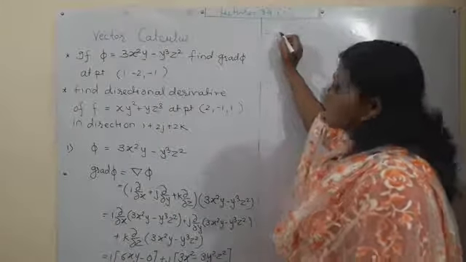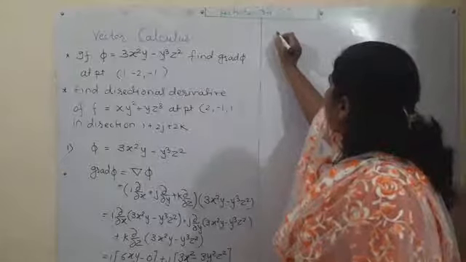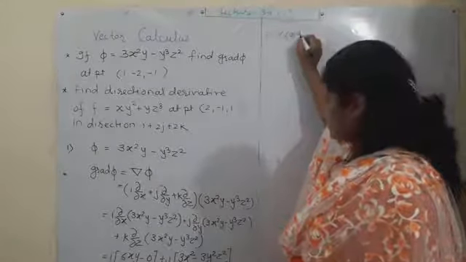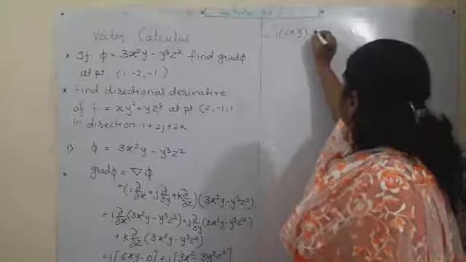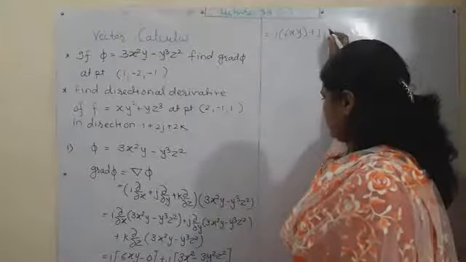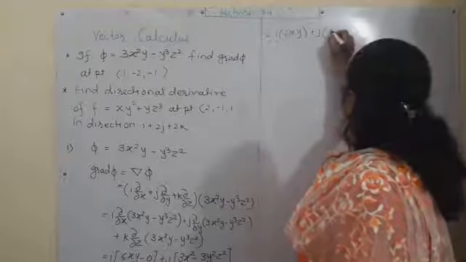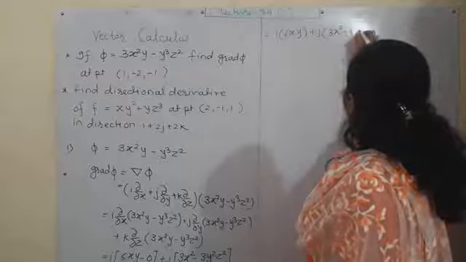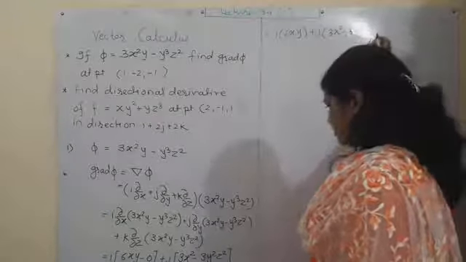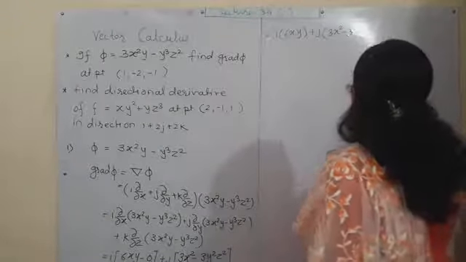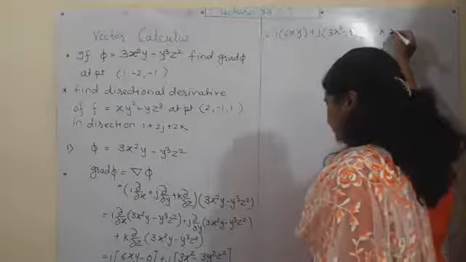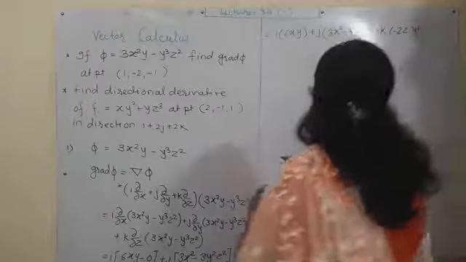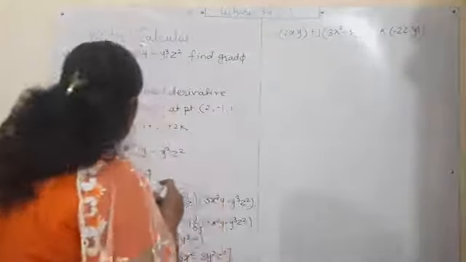That is equal to i into 6xy plus j into (3x square minus 3y square z square) plus k into (minus 2z y cube). So that is the value of that grad phi.